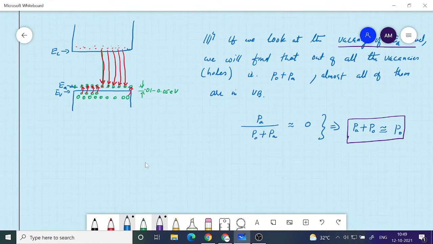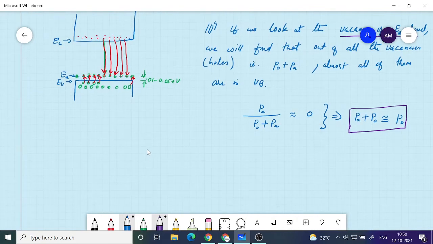After adding a lot of acceptor impurity atoms, when you look at these acceptor impurity atoms, they all have some additional electrons in the acceptor impurity states.